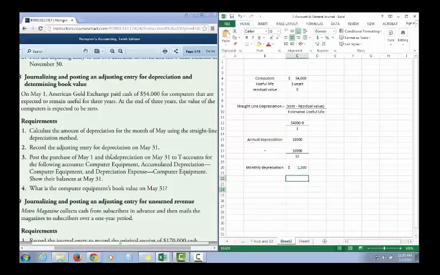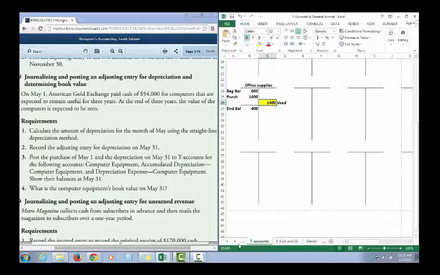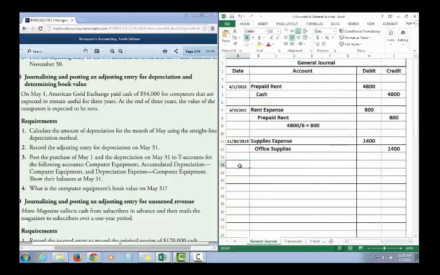Now that we've figured out what the monthly depreciation is, it says record the adjusting entry for depreciation on May 31st. So we're going to have May 31st on our journal. Anytime we make an adjusting entry for depreciation, we're always going to debit depreciation expense.